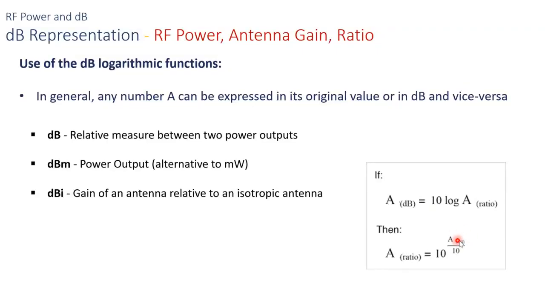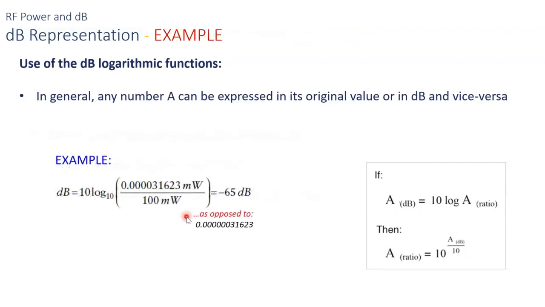In the second equation, I'm converting the power in dB to watt. If I divide the value in dB by 10 and take 10 to the power of A divided by 10, I will get the power in watt. So the first one converts from watt to dB, and the second converts from dB to watt. Okay, let us take an example.